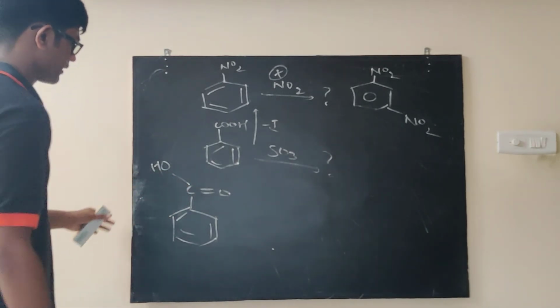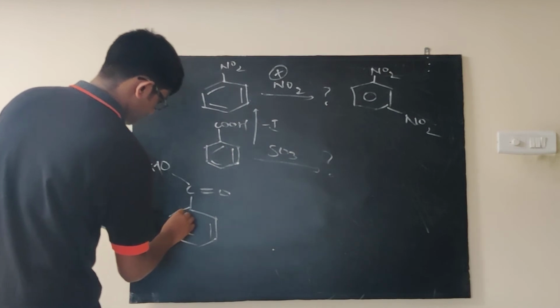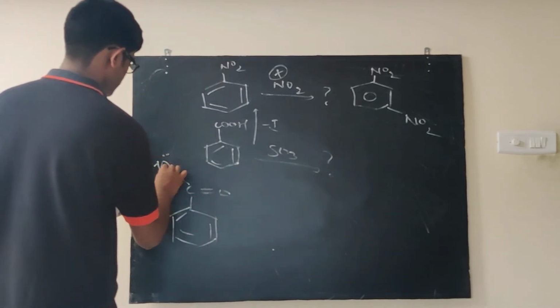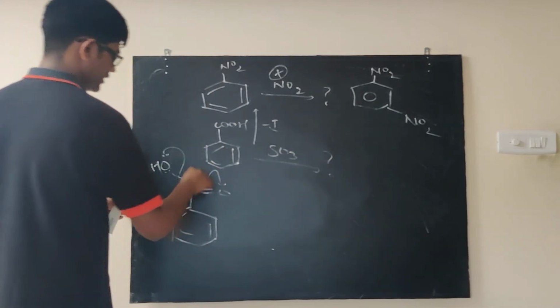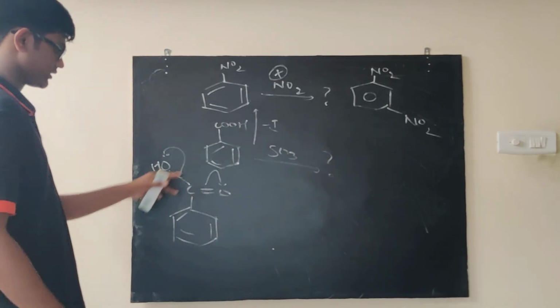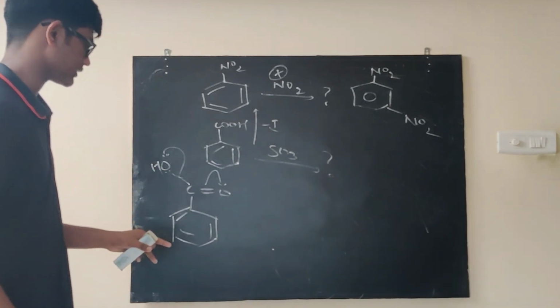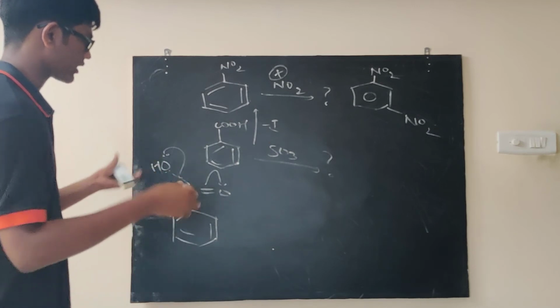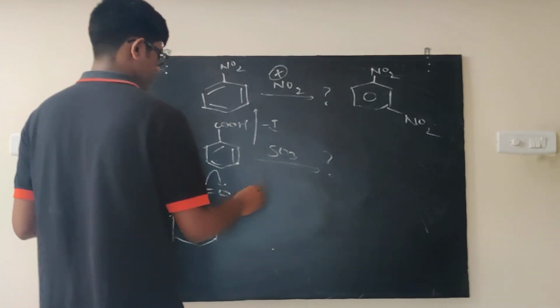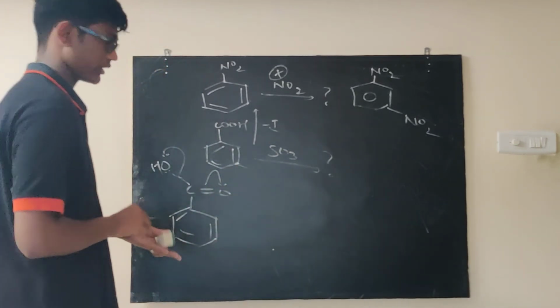This is minus I, and this also has a lone pair, but these are generally in resonance themselves. So the resonance effect of the COOH actually doesn't matter. It's broadly minus I, so you generally get meta. COOH is a meta-directing group.